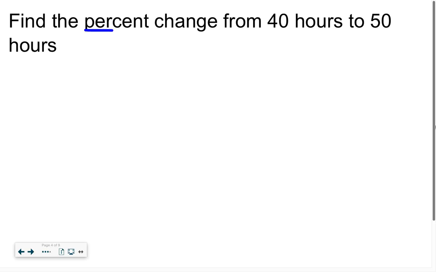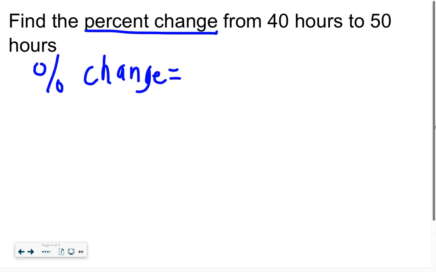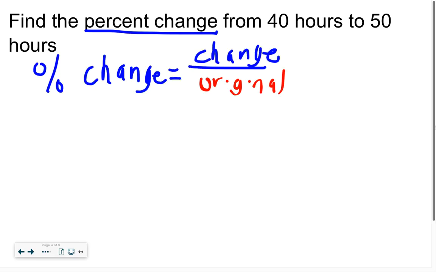So when they say find the percent change, today, the first thing you write down in your notes, on your assignment will be the formula, where it is percent change, which is the change over the original. So if we were together in class, I'd make you say change, you'd say change, and then I'd say over original, and you'd repeat back original. Feel free to say it if you want to.